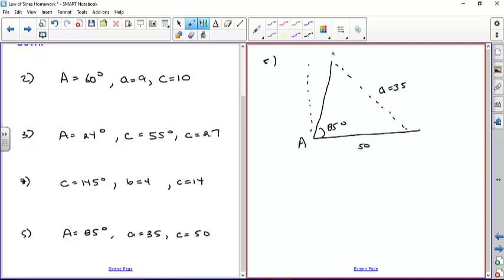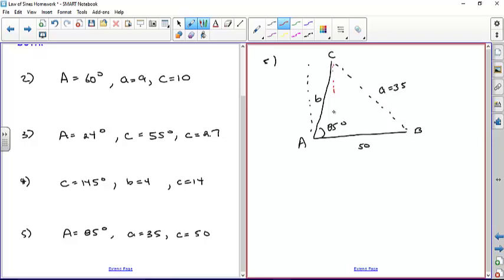If this is angle C, and this would be angle B, and this would be side B. So the question is, is there more than one solution? Do we have to worry about more than one solution?